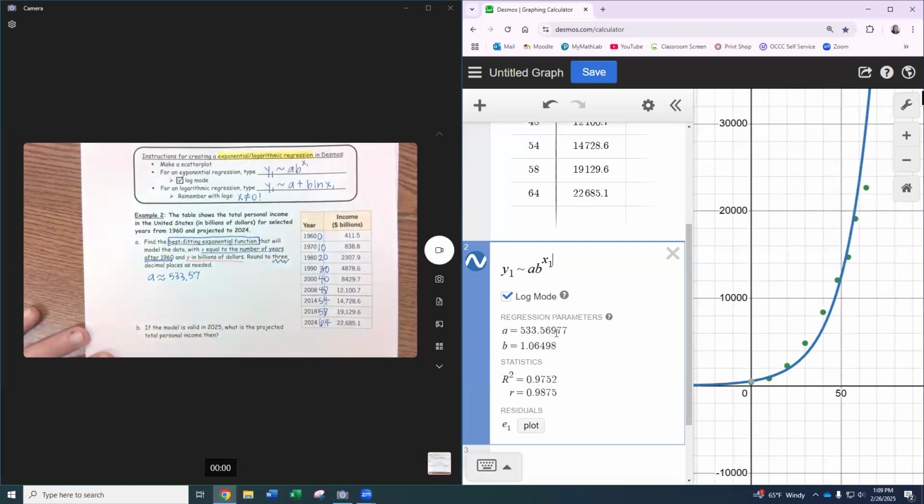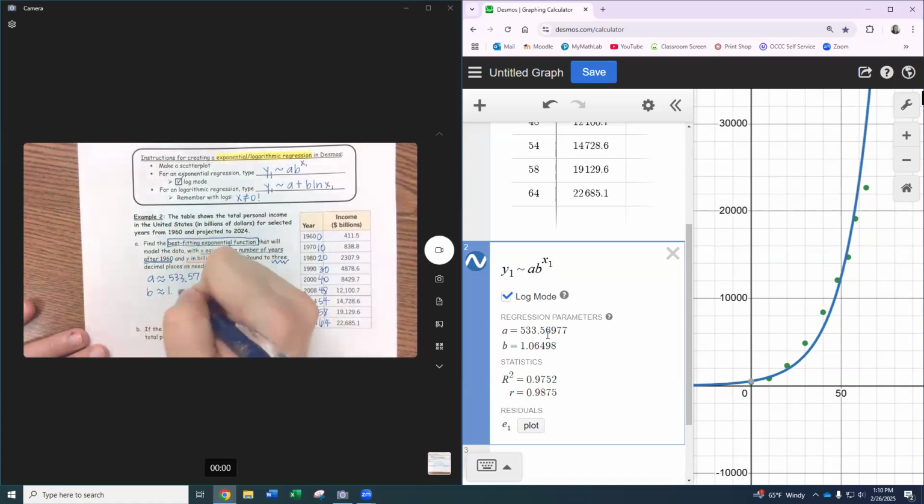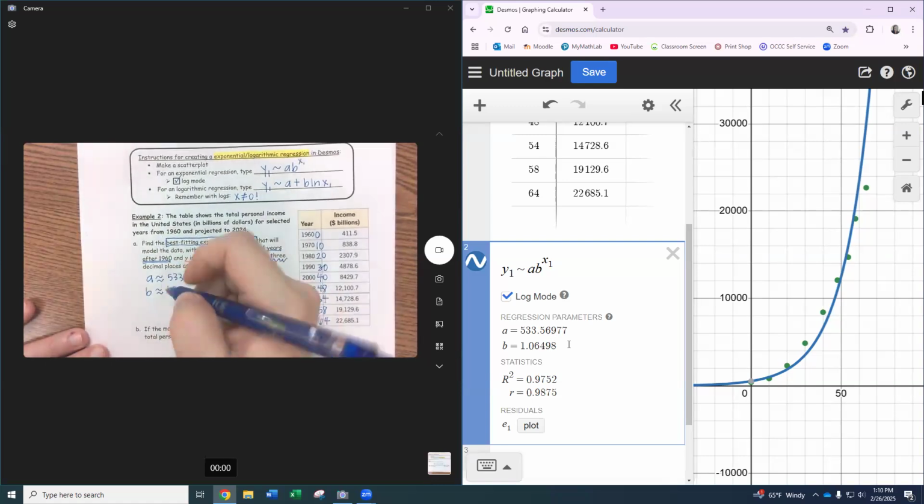That 7 makes that 9 go up. So you need to think of 69, or like that number is 69. So 69 goes up to 70. And then B is 1.065.